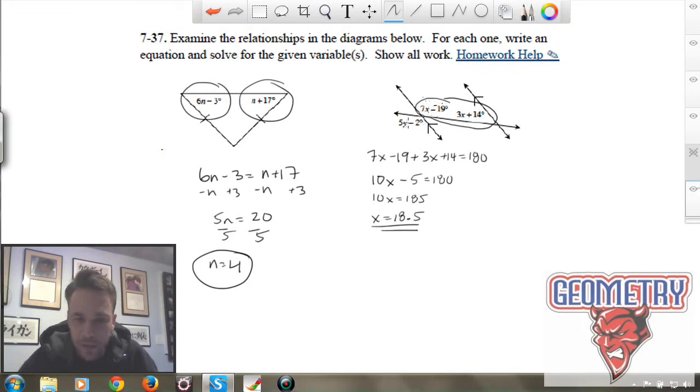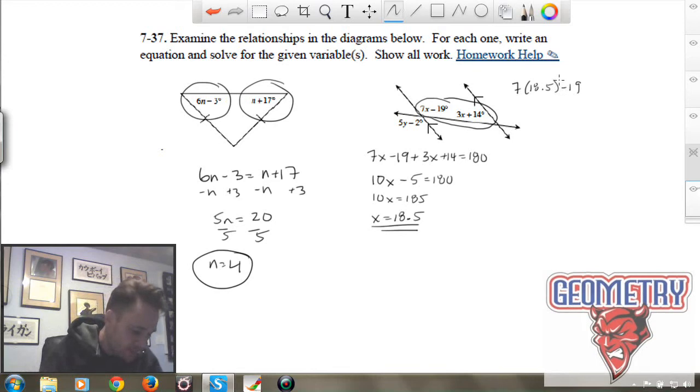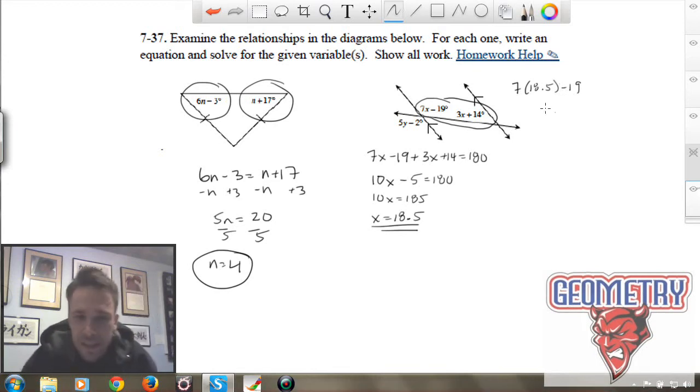Okay, now that we know that x equals 18.5, we can plug that back in to this part to figure out what that angle actually is. So 7 times 18.5 minus 19, that angle is 110.5 degrees, which means 110.5 degrees is the same as 5y minus 2.